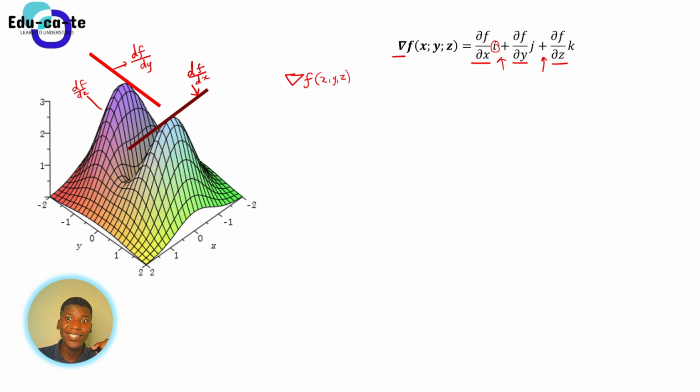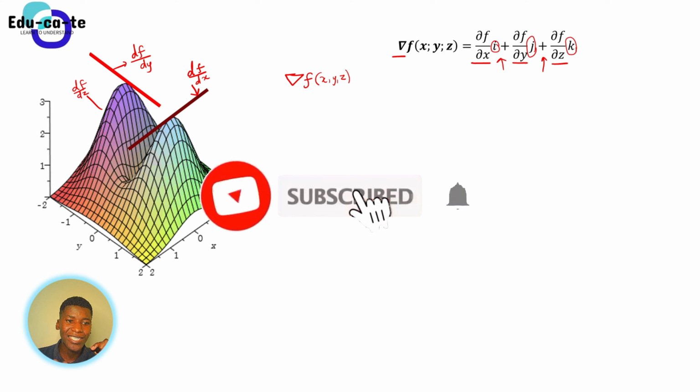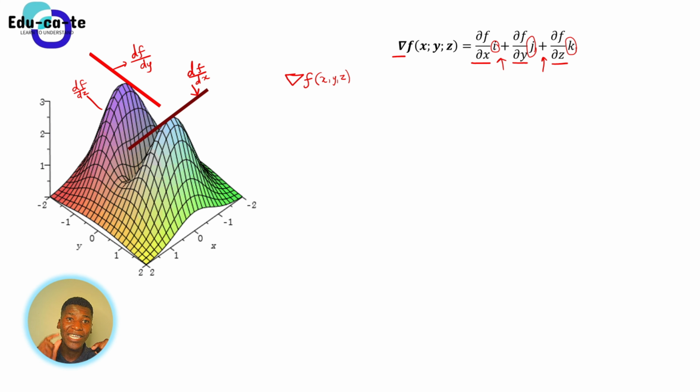The i stands for the x-axis; remember that the unit vector along the x-axis is known as vector i. The j stands for the y-axis, and the k stands for the z-axis. So you are trying to find the rate of change, or the first derivative, of this multivariable function independently. You are finding the partial derivatives, because remember that the first derivative tells you the gradient.